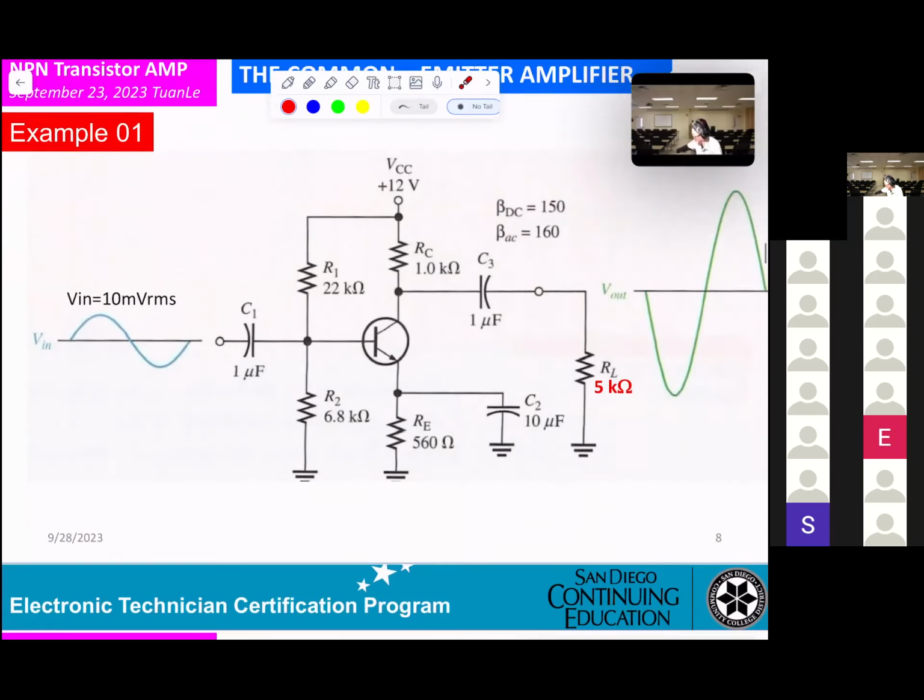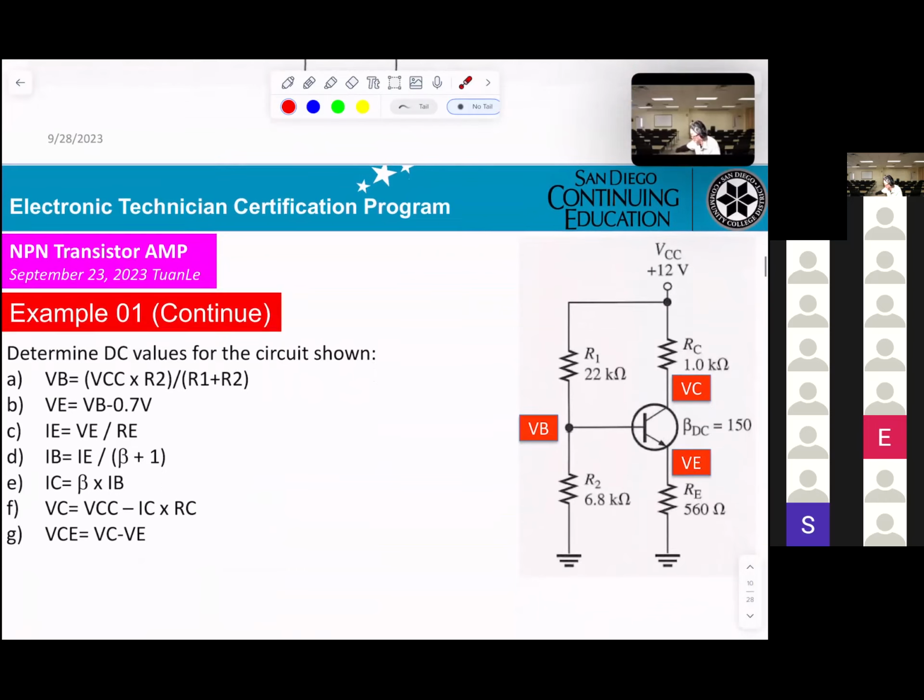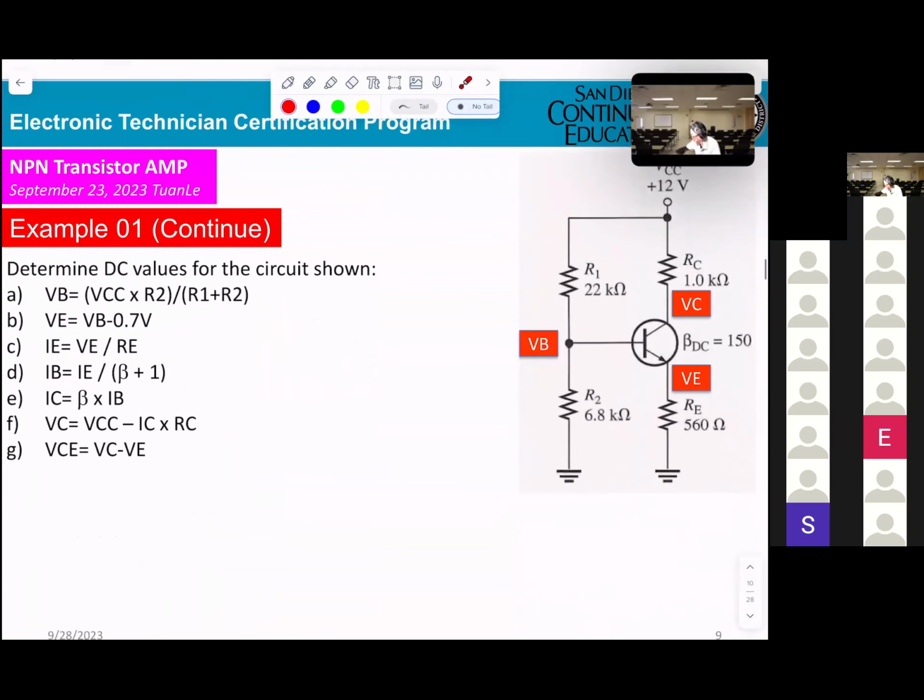Now see what they're asking. They want you to calculate VB, VE, VC. Now you do it for me. Go ahead and do it, and tell me what you get.